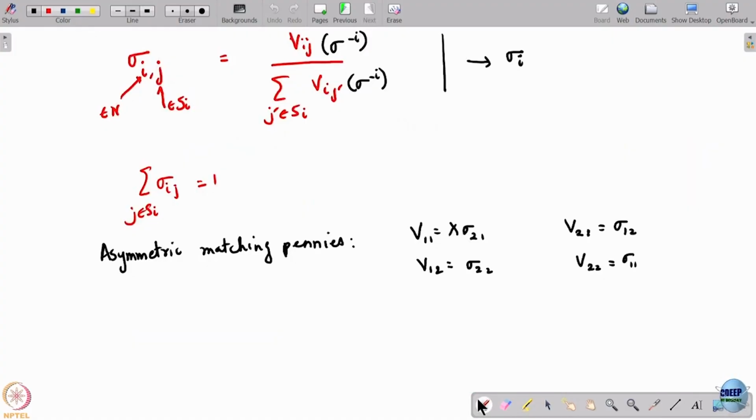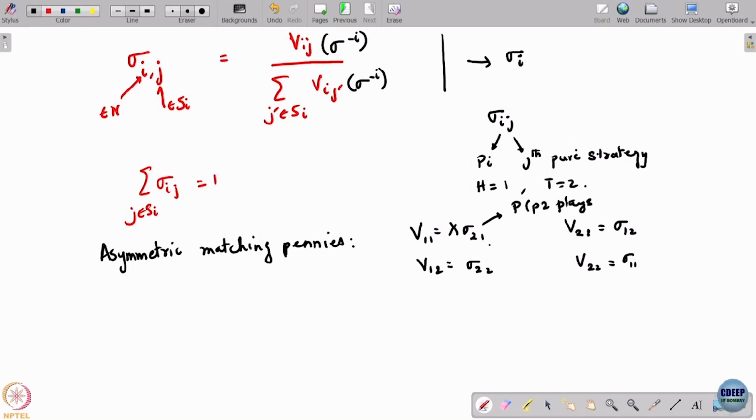So sigma ij is player i's jth pure strategy. I am just writing H as 1 and T as 2. Heads is 1 and tails is 2.